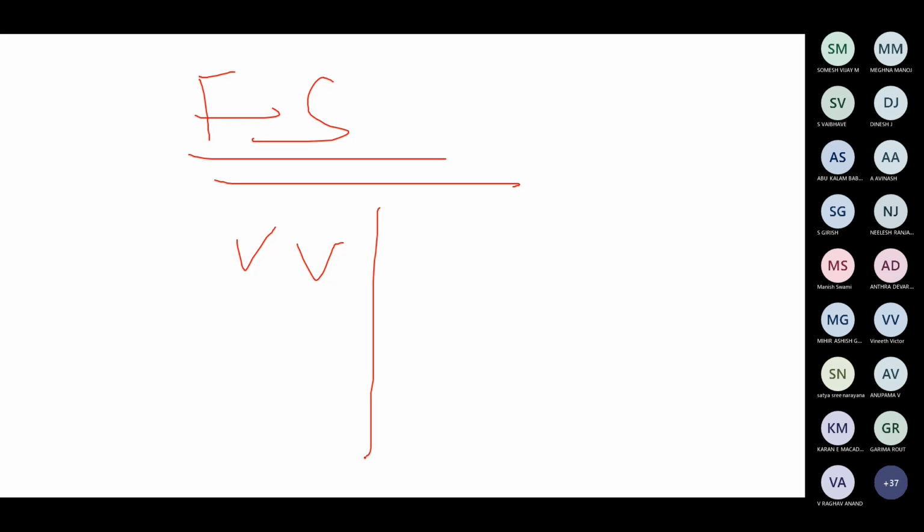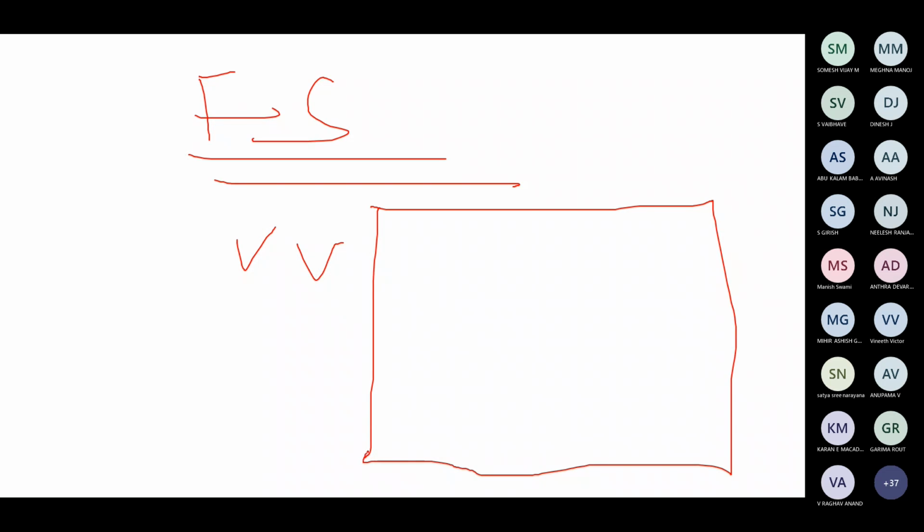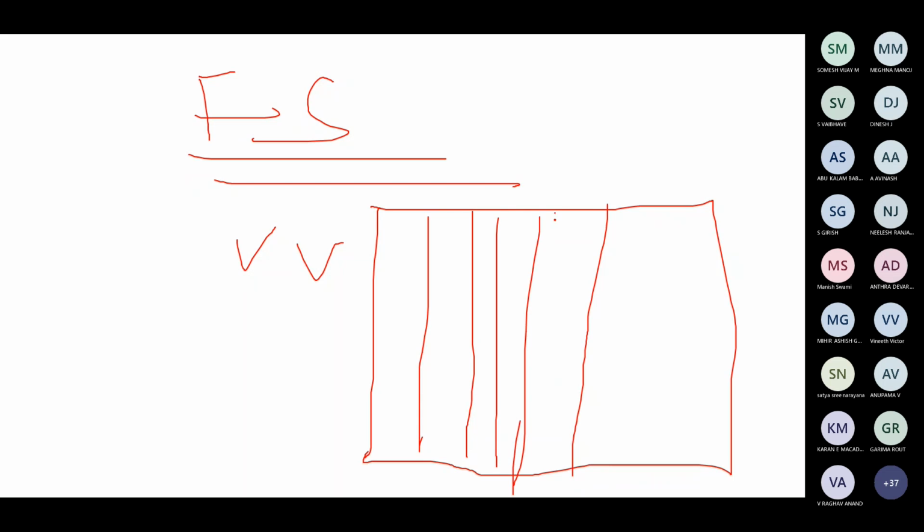Just imagine, students, you have a target variable, and you have your independent variables inside the data set, and it goes on and on.